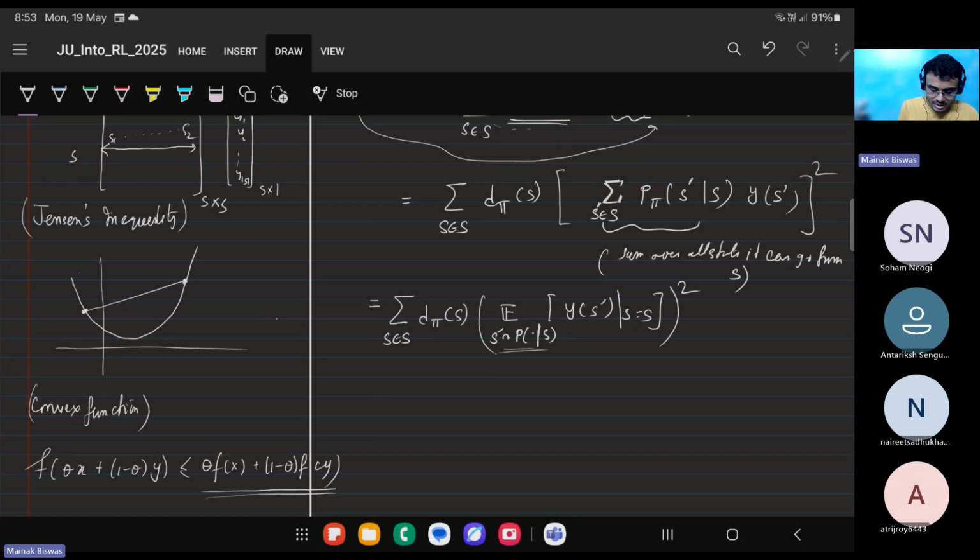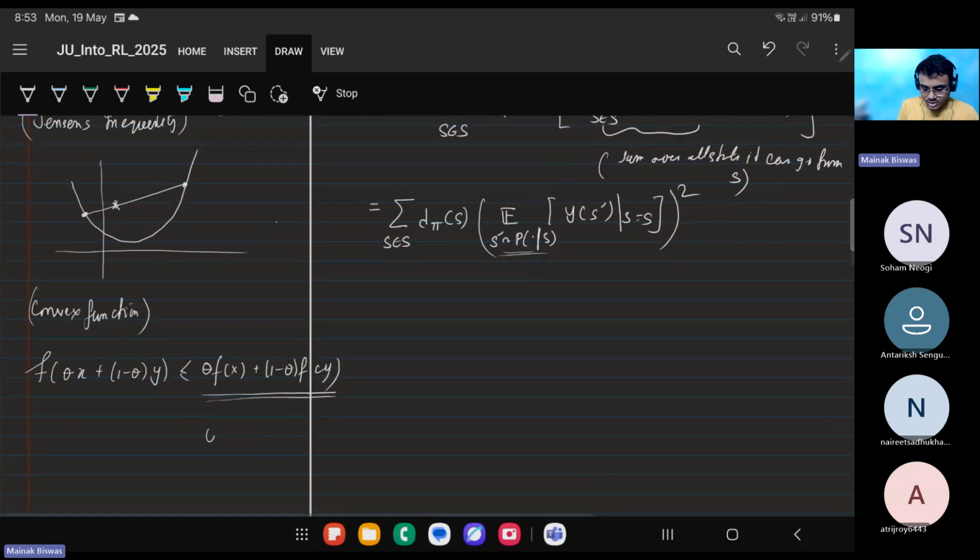So for any theta between 0 and 1, the midpoint is when theta is half. The convex combination of these two points, x1 and x2, that is theta and 1 minus theta, will lie above the curve.